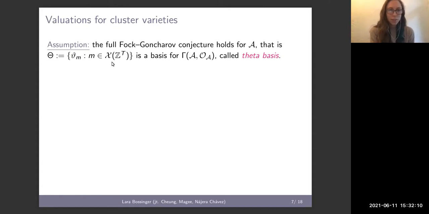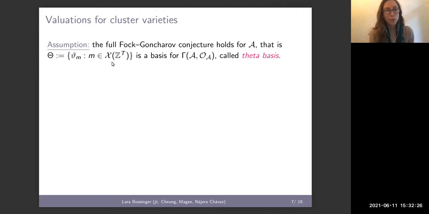So the difference here is that we go to an algebraic level. Gross, Hacking, Keel and Kontsevich gave a construction of how to associate theta functions to the integer tropical points of the X variety.